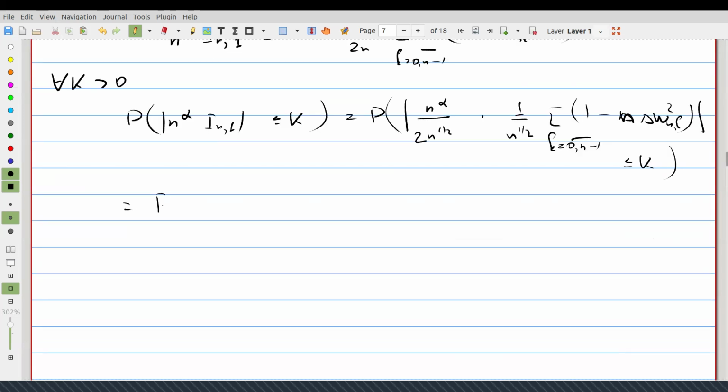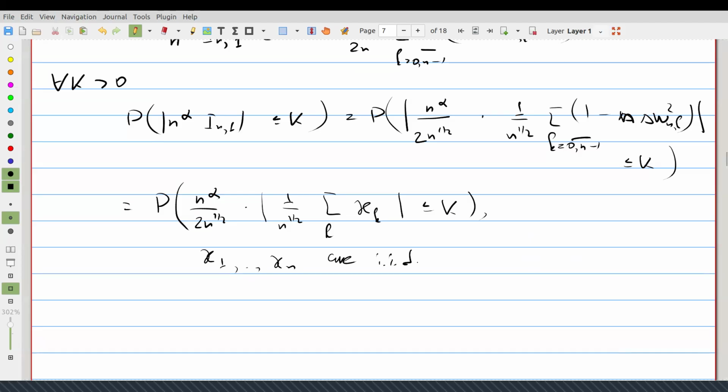Now, it can be written as n alpha to n1/2 times 1 over n1 squared, sum over k, psi k less than k capital, where the psi k are identically distributed and independent, and it's just this random variable.